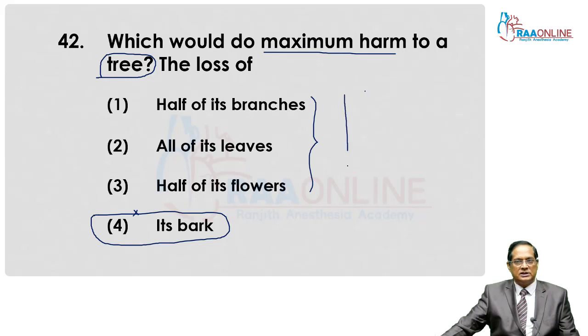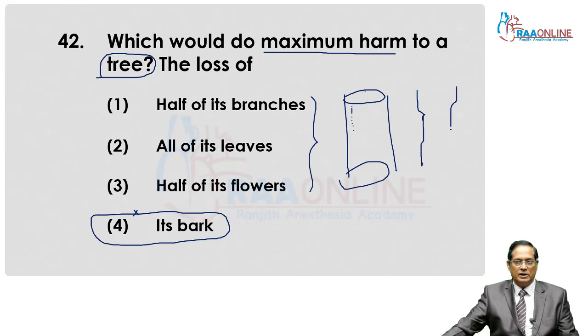Suppose this is the structure of a trunk. In the peripheral region, this is secondary phloem. If we remove the bark in this manner, this is ringing actually.